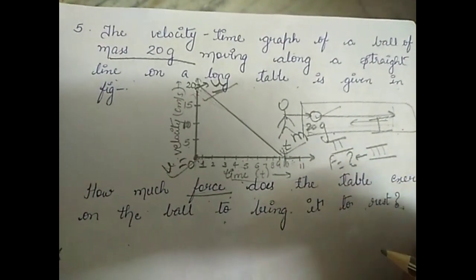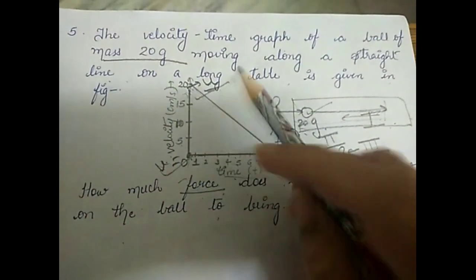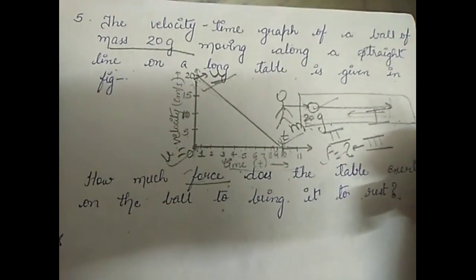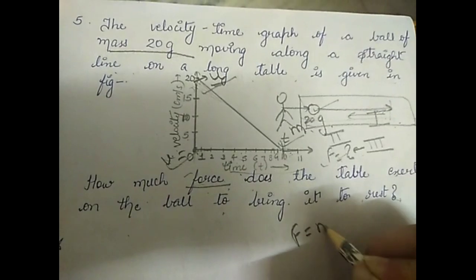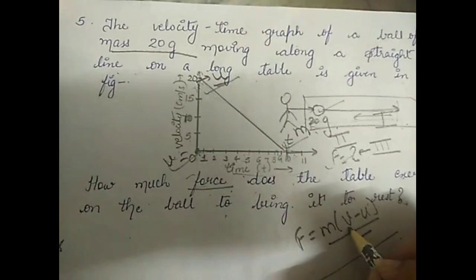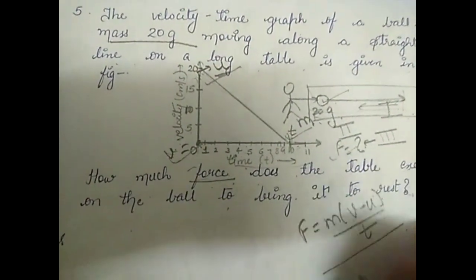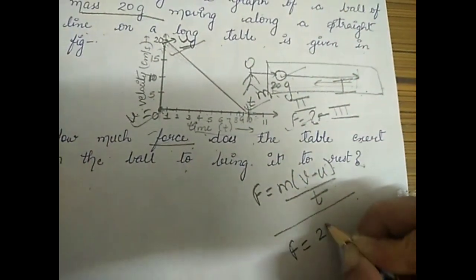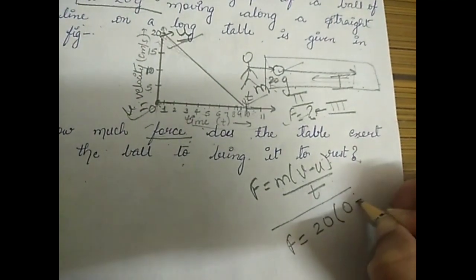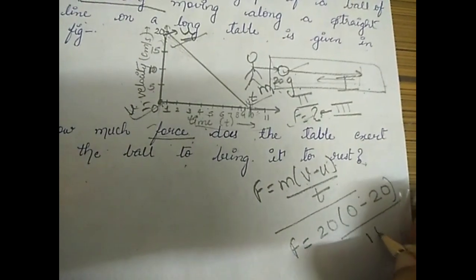Fourth step, what is the formula we will use? Now F we need to find out, M we have, V, U, T we have. So now it is obvious that you should know the formula. Formula is F is equal to M V minus U divided by T. Now put all these quantities: M is 20, V is 0, U is 20 and the time is 10.